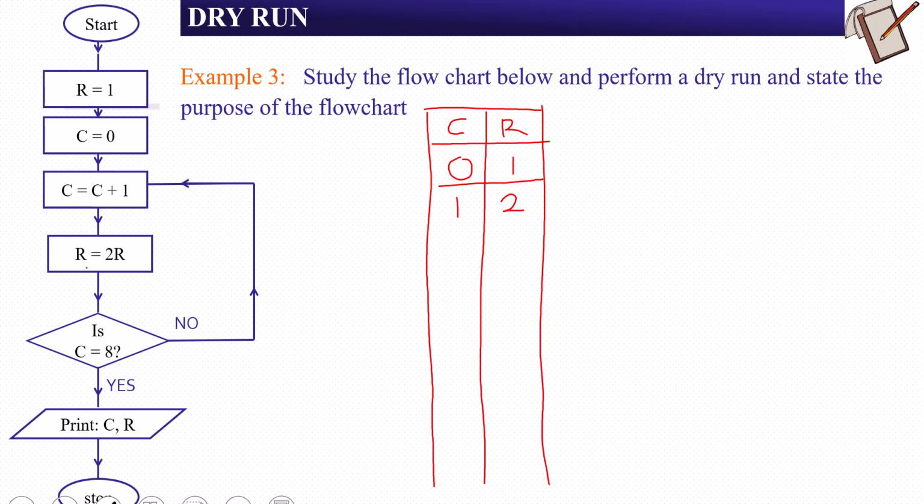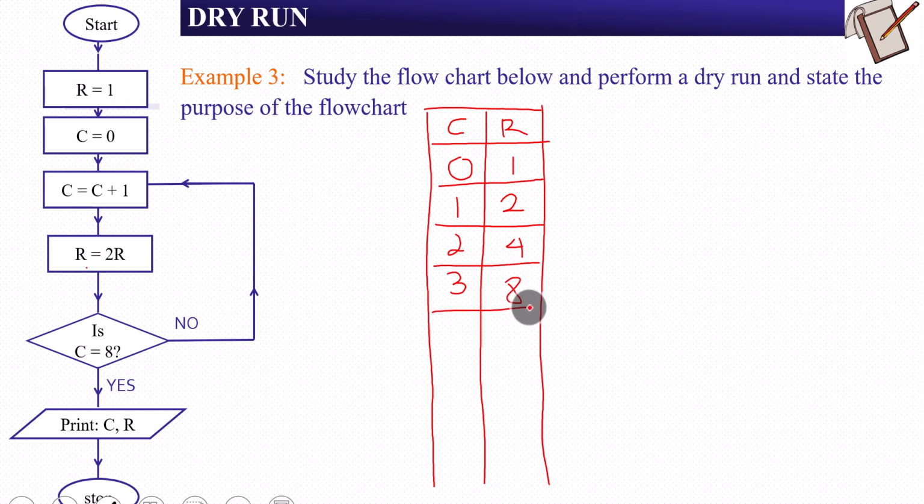No. If it's a no, we go back and increase C by 1, so it becomes a 2. And then R becomes 2R. 2 times 2, we will get a 4. And then we ask ourselves, is C already equaling to 8? No. What do? We go and increase C, it becomes a 3. And then, after becoming a 3, R will be 2 times 4, which is 8.